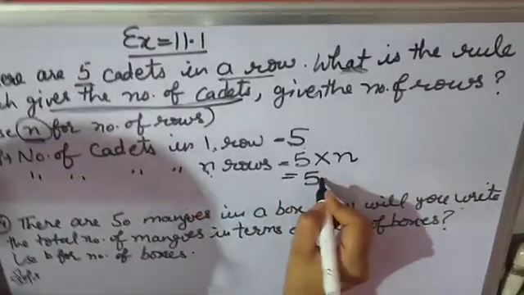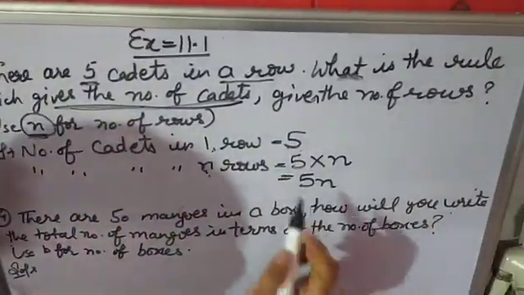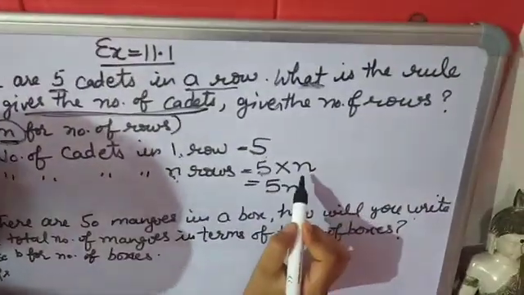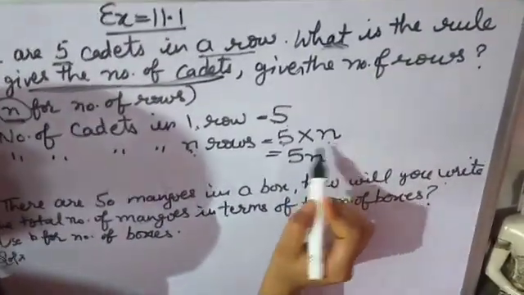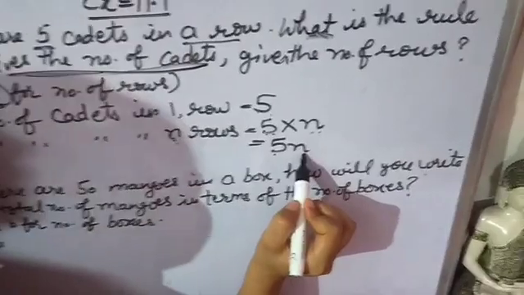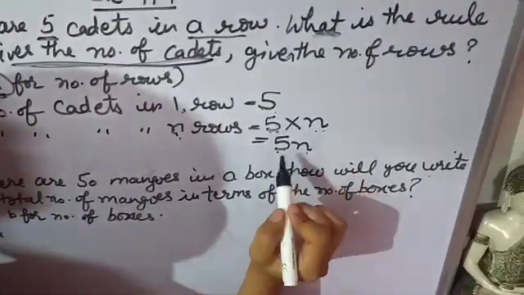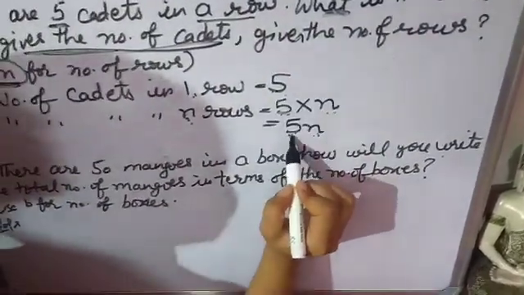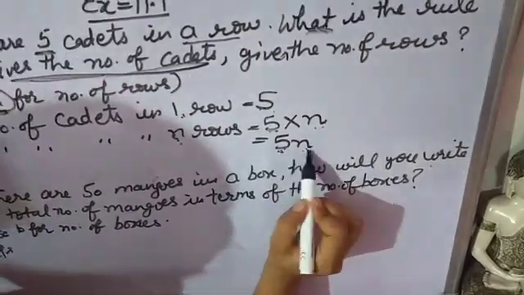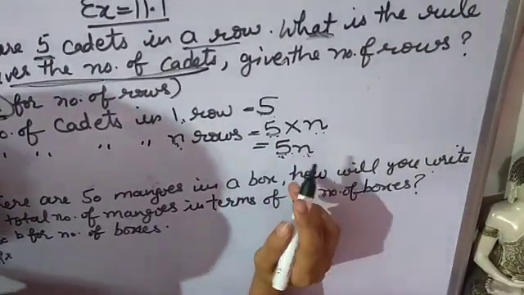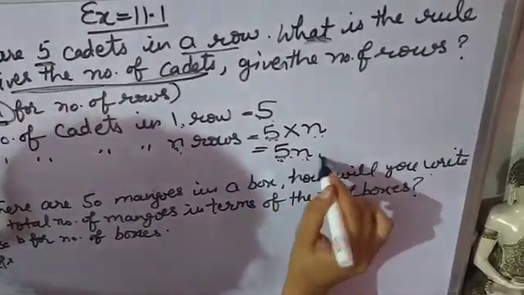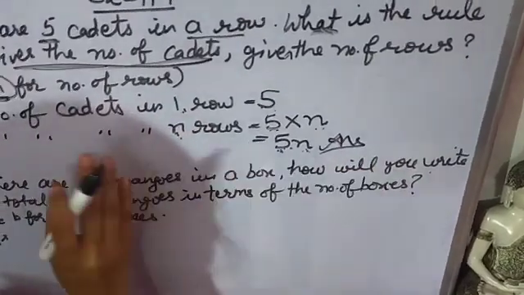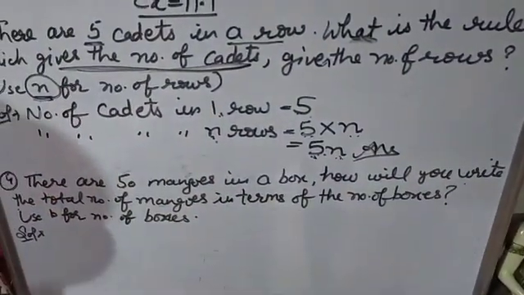This means 5n. When you multiply a constant and a variable, it is written like that. 5 into n means 5n. If there is no sign between constant and variable, then there is a multiply sign. So 5n cadets in n rows.